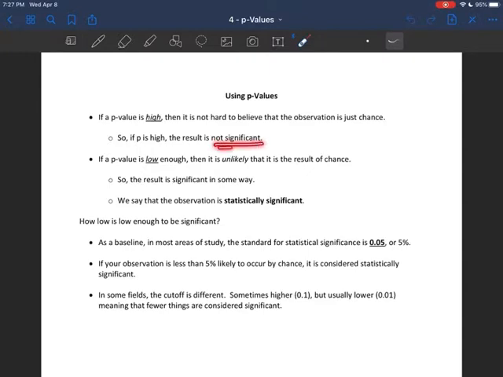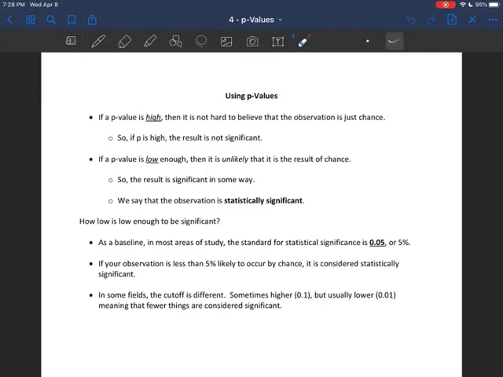If the p-value is high, then there's a high probability that it occurred by chance. So it's not hard to believe that it happened by chance, and so it should not be considered significant, right? Not significant. If the p-value is low enough, however, then it's unlikely that this thing happened by chance. So the results must be significant in some way, and we call things with a low enough p-value statistically significant.